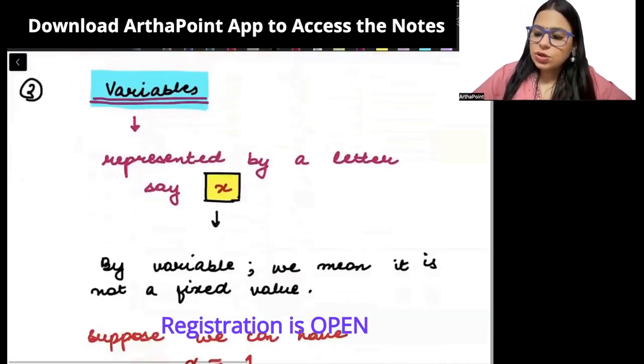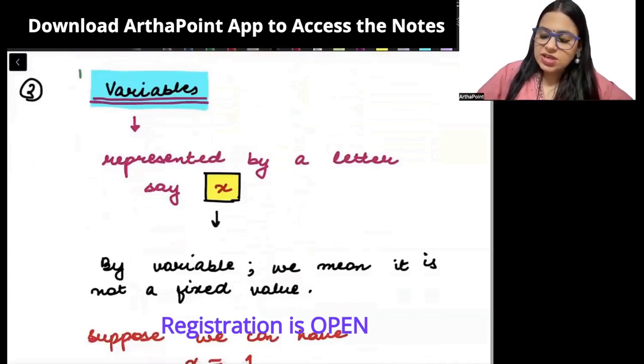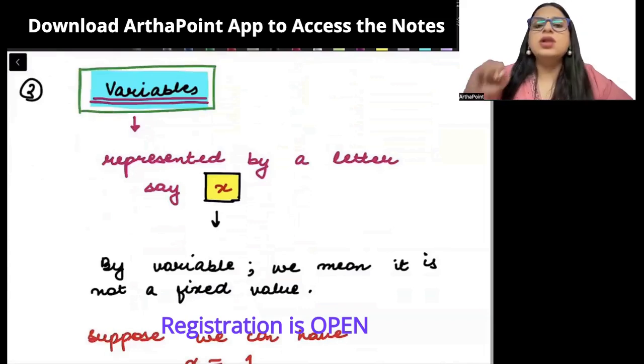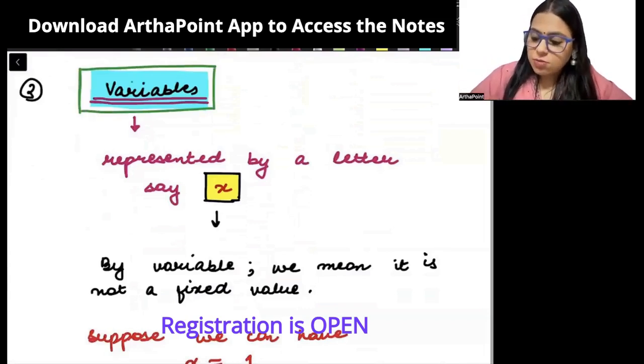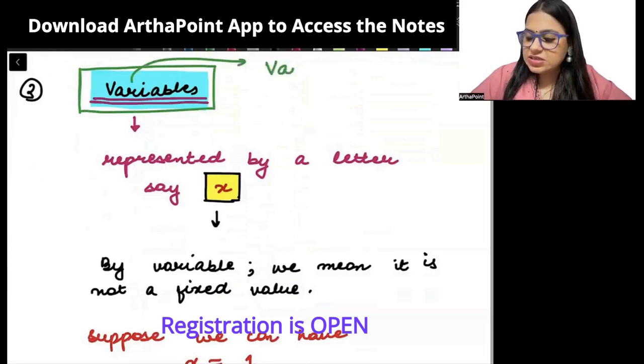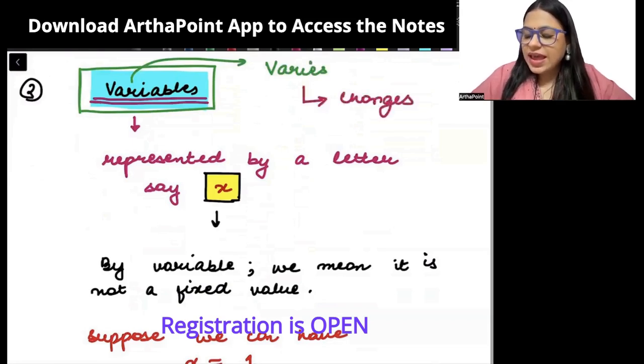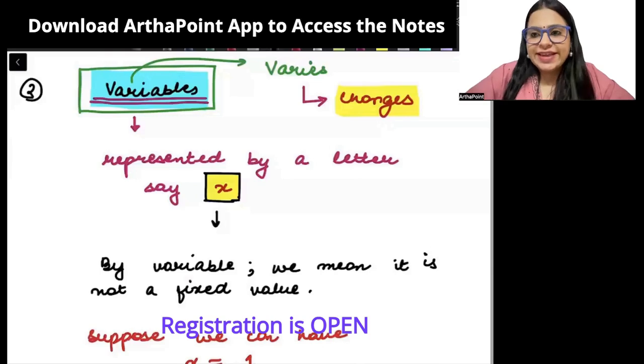Now, the next thing that we need to go ahead and we need to ask ourselves, what is a variable? Variable comes from the word varies. Varies means changes. Anything that changes, जिसका value हम change कर सकते हैं, anything that varies is called as a variable.